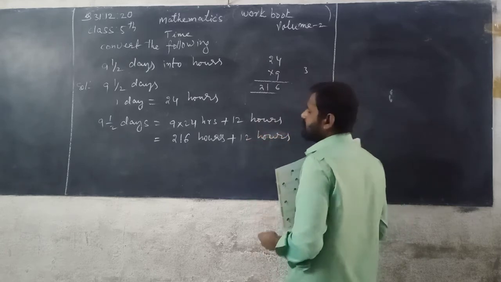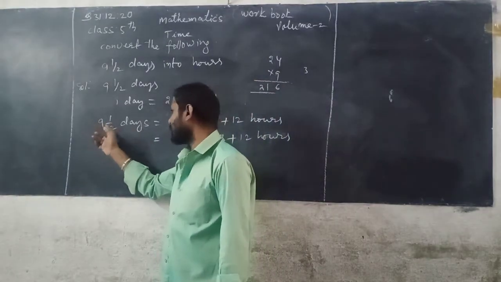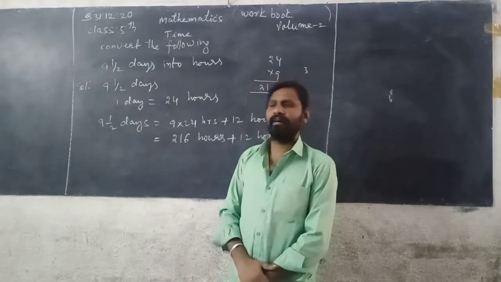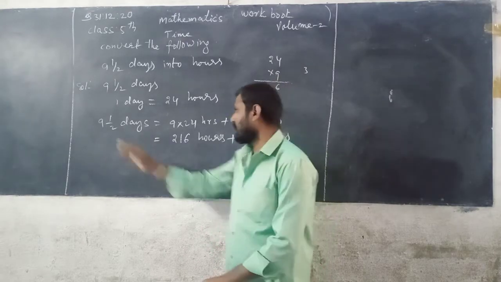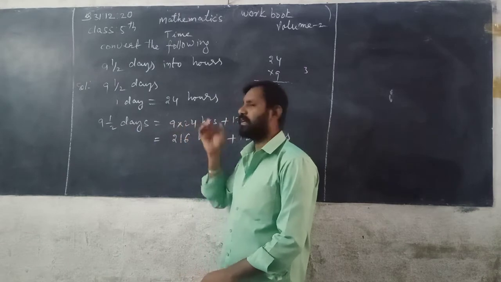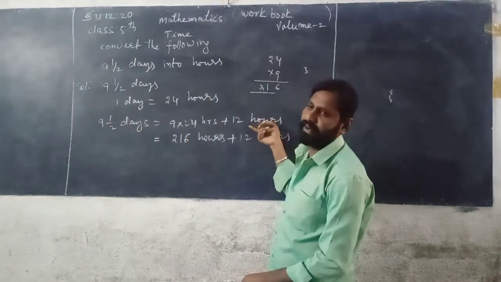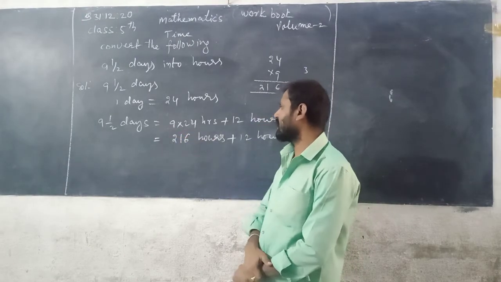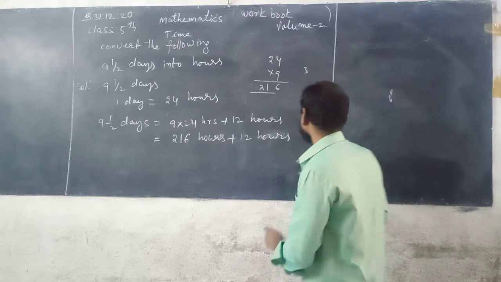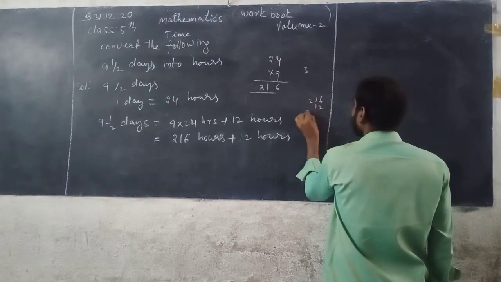Did you understand? 9 and a half days. Days is converted to hours. 1 day is equal to 24 hours. Then 9 is multiplied with 24 plus half a day. Half a day is equal to 12 hours. So 9 into 24 you get 216 plus 12.